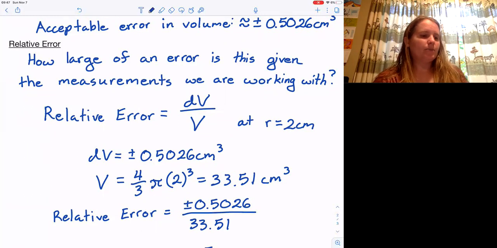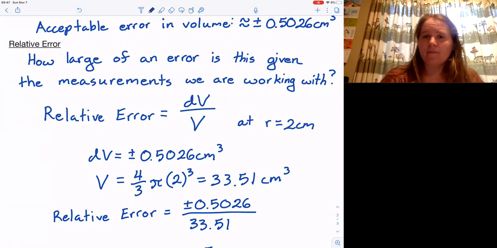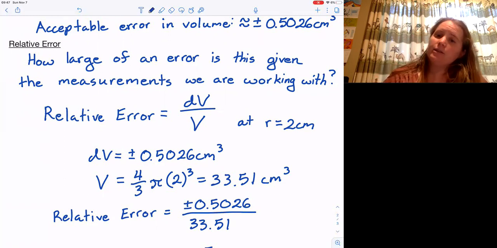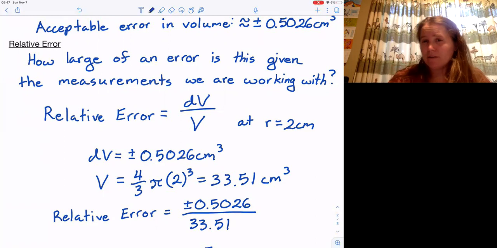But this can be useful in more complicated calculations, particularly. So this is relative error, a way of measuring how big of an error that is relative to the measurements we're working with. And this is how we can approximate our error using differentials.